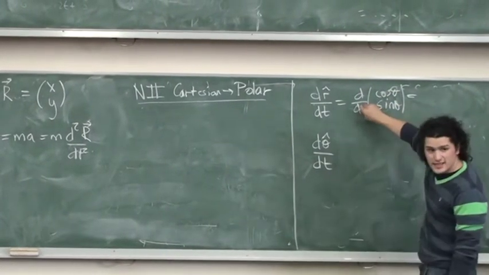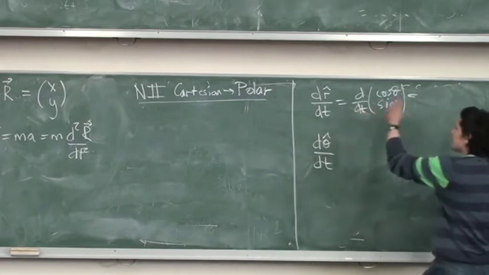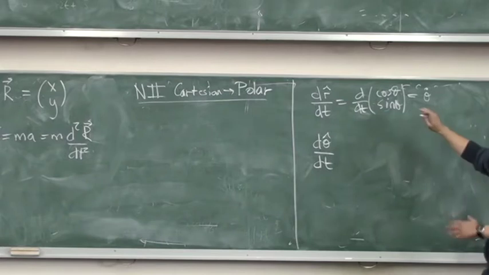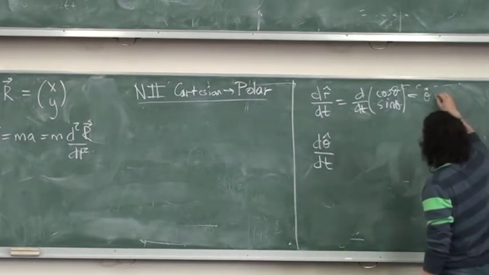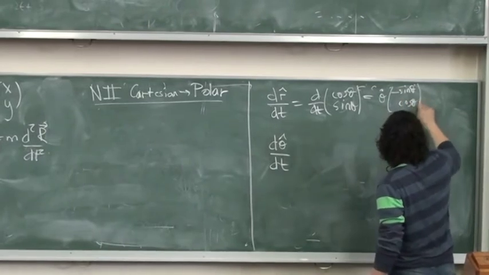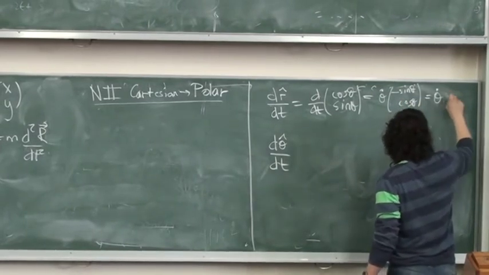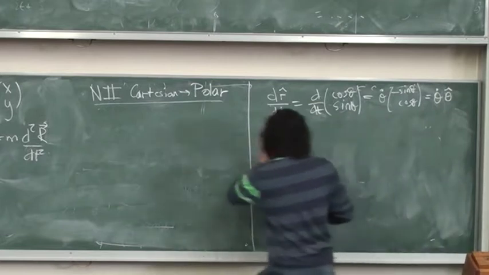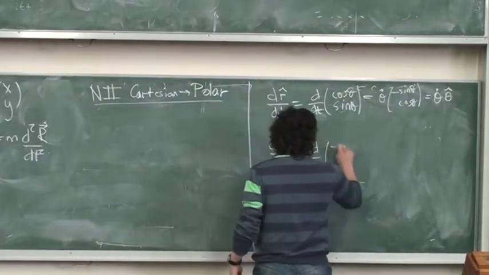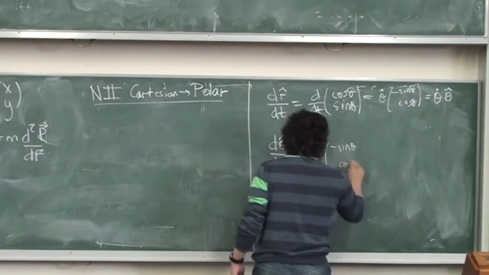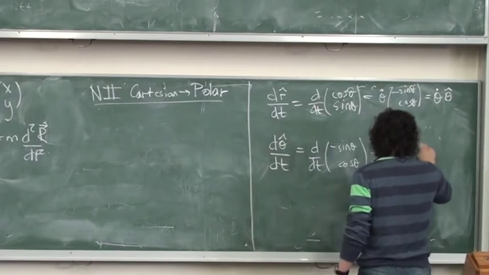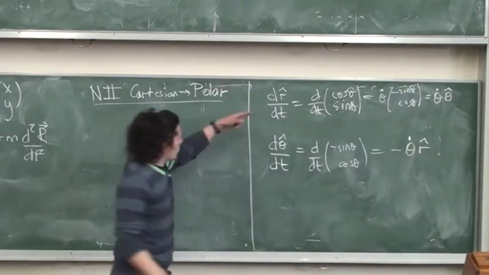Now d by dt, so del by del theta del t, so that's theta dot, and we'll discuss all this stuff in more detail tomorrow. Minus sine theta, plus cos theta, equals theta dot theta hat. Theta hat by dt, that's d by dt of minus sine theta, plus cos theta, which if you work it out, is minus theta dot r hat. Right, that's all we need.